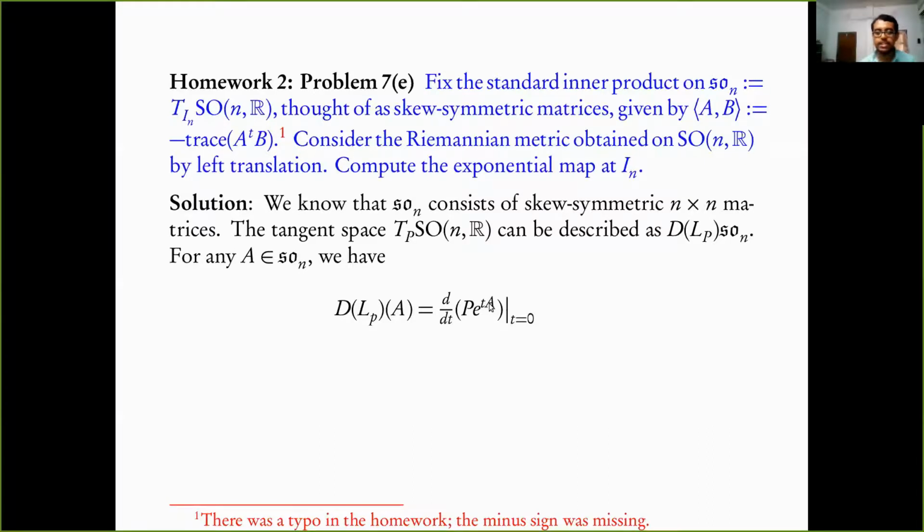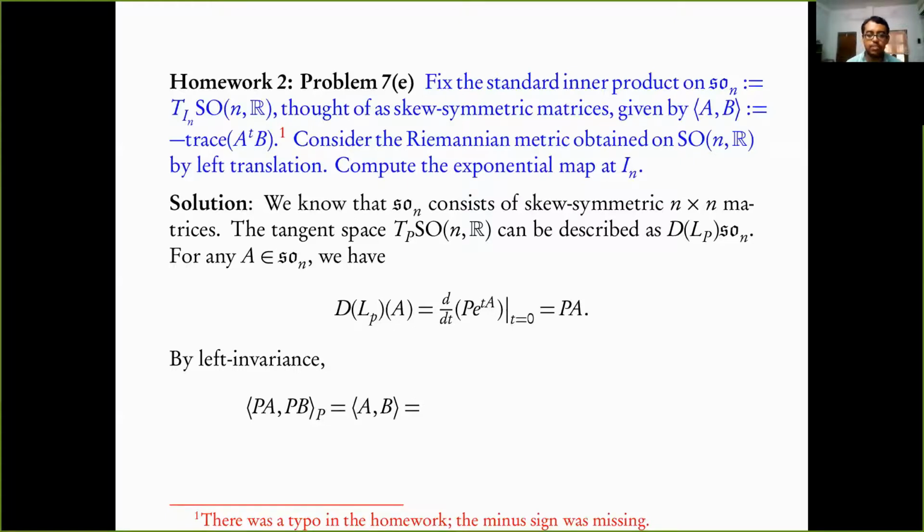Because when I differentiate e raised to tA at t equal to 0, I get A, and e raised to tA is initialized at identity. So I'm replacing the vector A with the equivalence class of the curves e raised to tA. I'm left multiplying by P, that's what dL_P does. The d simply means you now differentiate d by dt at t equal to 0. What do we get? I get PA, correct? Because d by dt works only on the e to the tA factor.